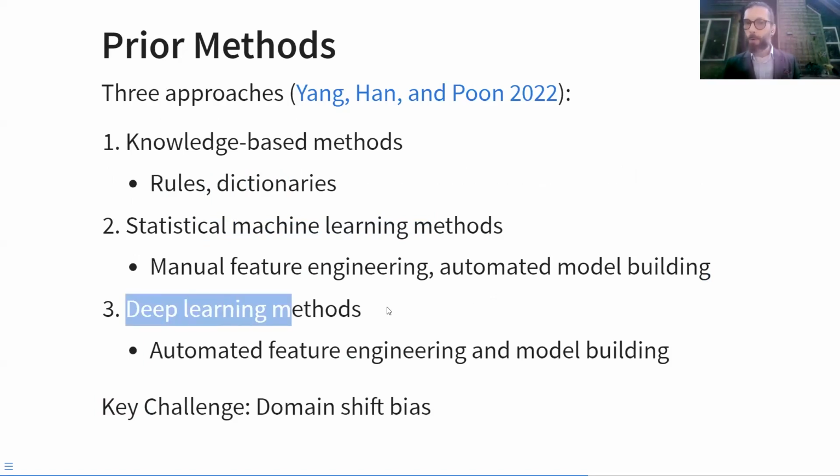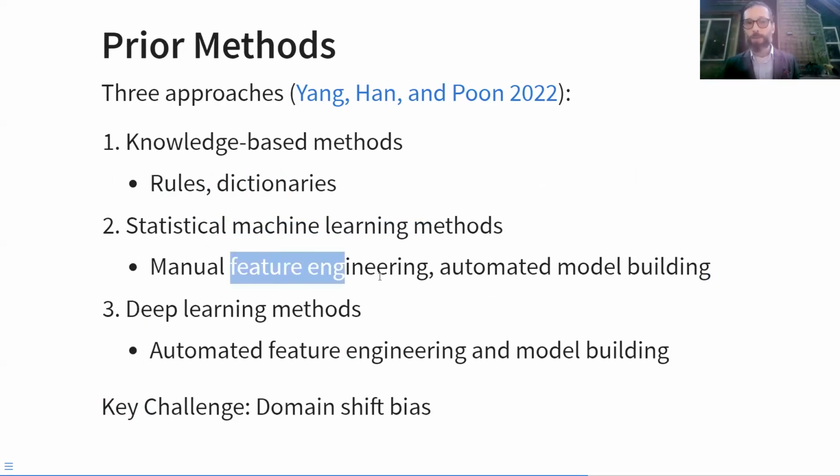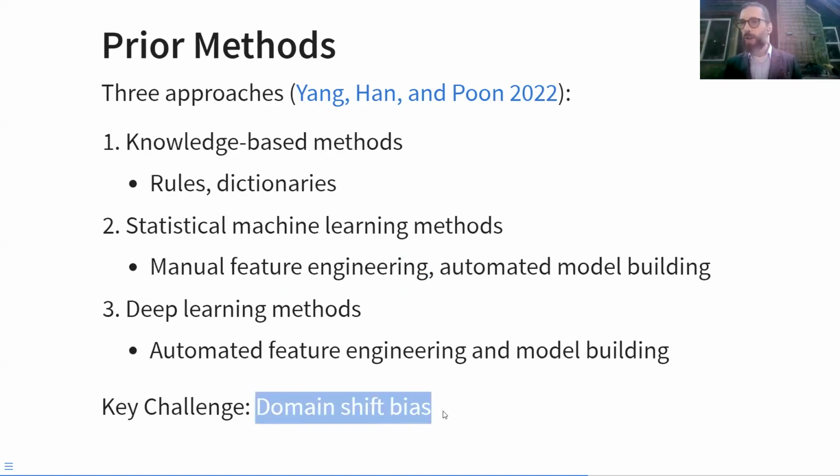And the advantage of deep learning methods is that it automates feature engineering and model building. But there's a key challenge, which is that if a model is trained in one domain, it does not necessarily perform well in other domains as well. So there are causal sentence detection models, but they've been typically trained on newspaper data, Twitter data, etc., but not yet on the scientific literature in a specific field. And that's what we did.